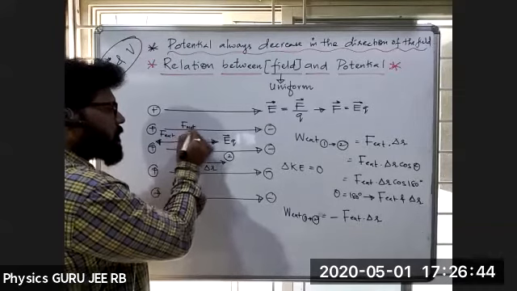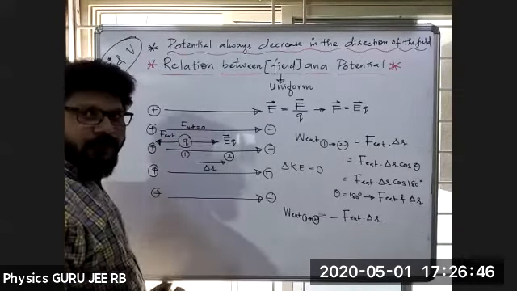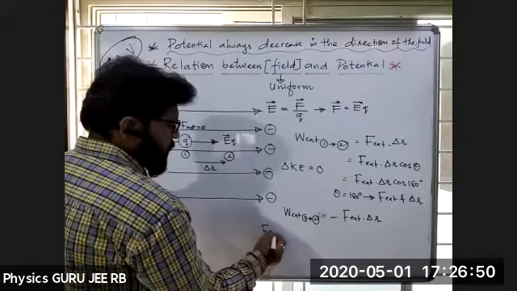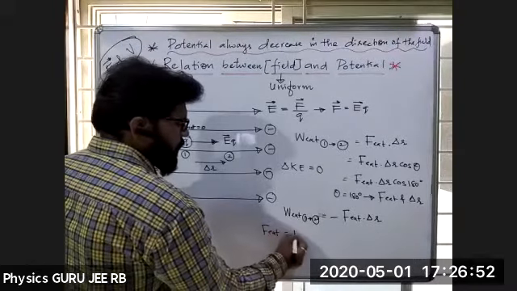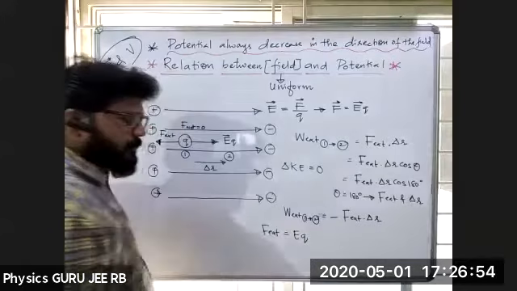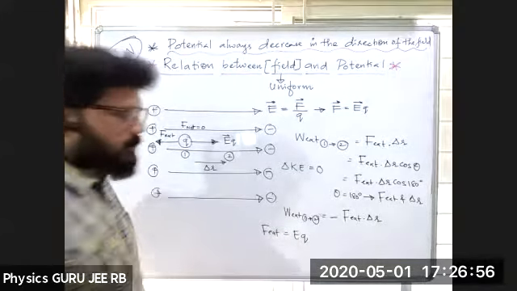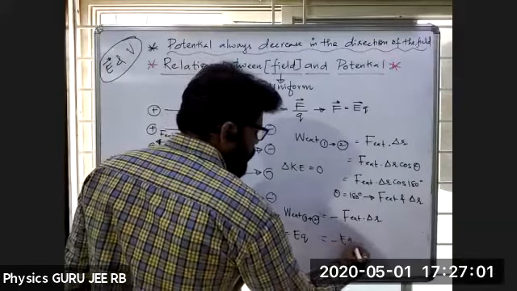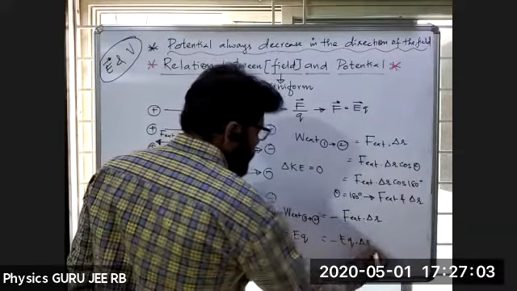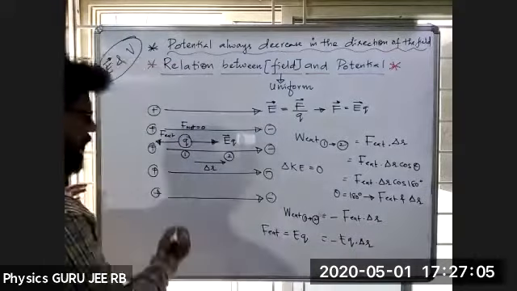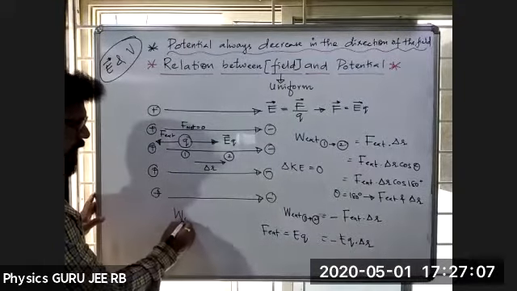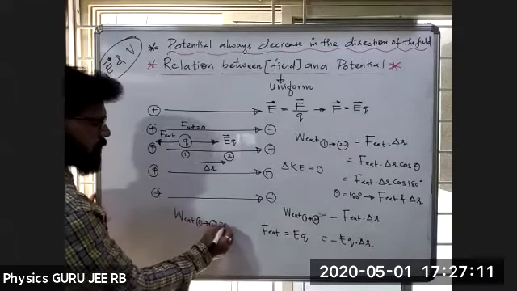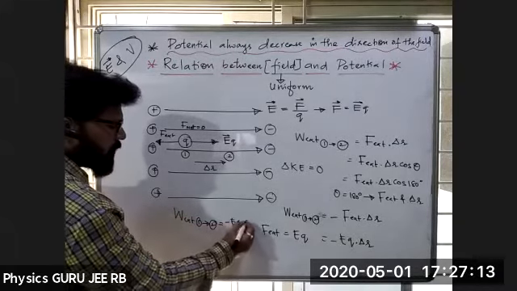Net force is 0 means F external should be equal to E into Q. Substitute that there, and then we get minus E into Q into delta R. That's all. So finally I'm writing here: external work done in moving from 1 to 2 is equal to minus EQ into delta R.